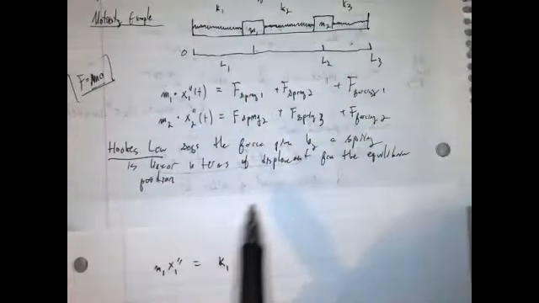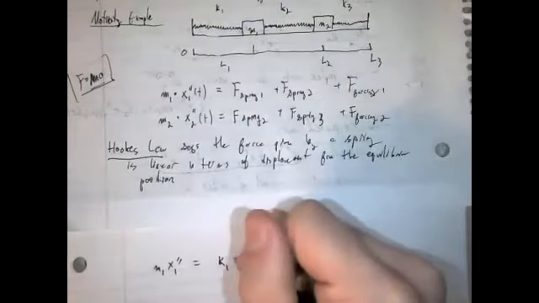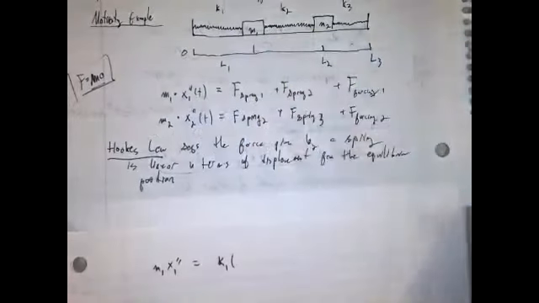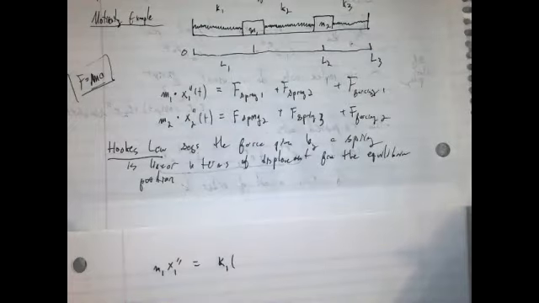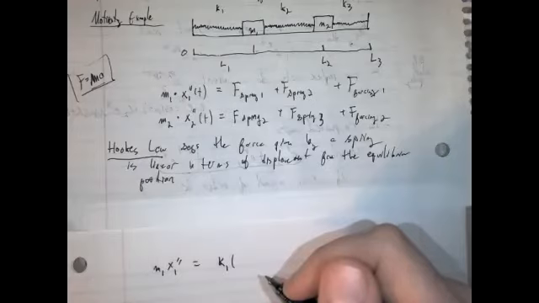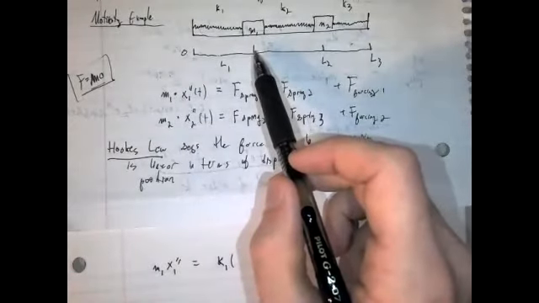If it's proportional to the displacement, that means it's up to a scalar away from the displacement, and that scalar is related to the strength of the spring, so K1. And then what is the displacement of M1 from its rest position? How should I write that? Just L1. Well, if it's just L1, then there shouldn't be any force, right?